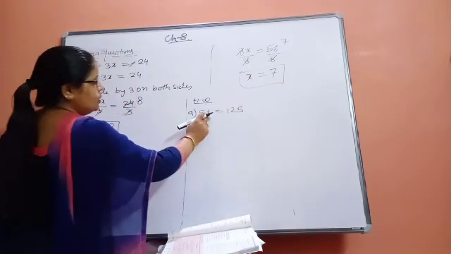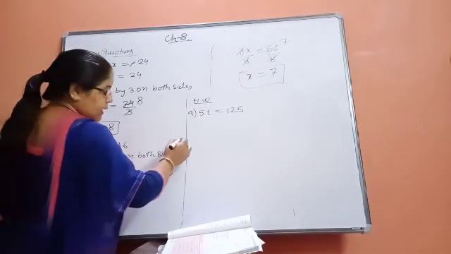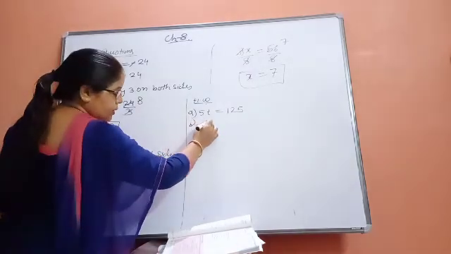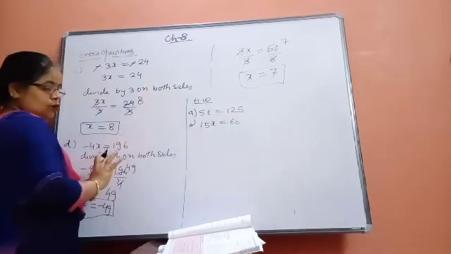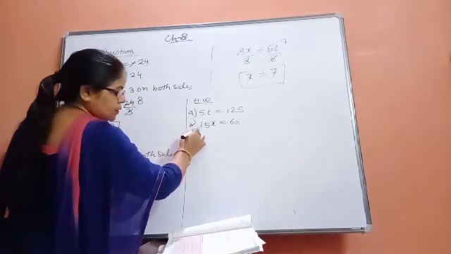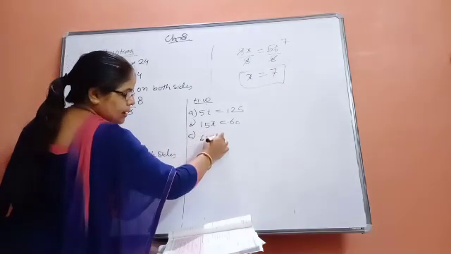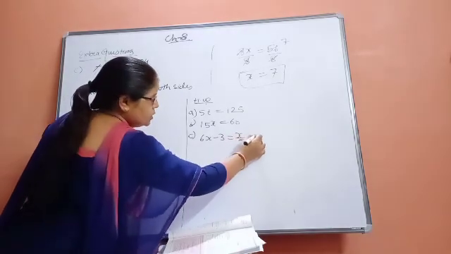So you will divide by 5 on both sides, and you will get the value of t. Okay, and then B part is 15x is equal to 60. These are the same as the two questions we did, and on the basis of what we have learned, now I am going to do 6x minus 3 is equal to x upon 5 plus 26.